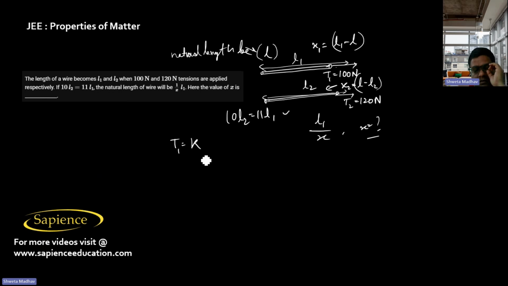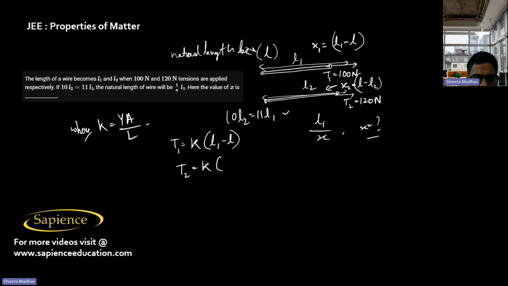So T1 will be equal to K into delta X, K into X1, that is L1 minus L, and T2 will be equal to K into L2 minus L, where K is YA by L, where L is the natural length, A is the area of cross section, Y is the Young's modulus of the wire.